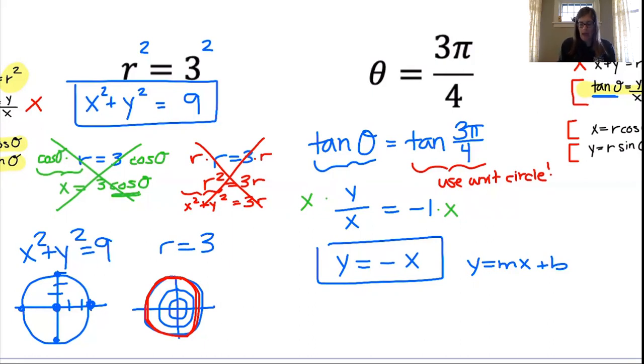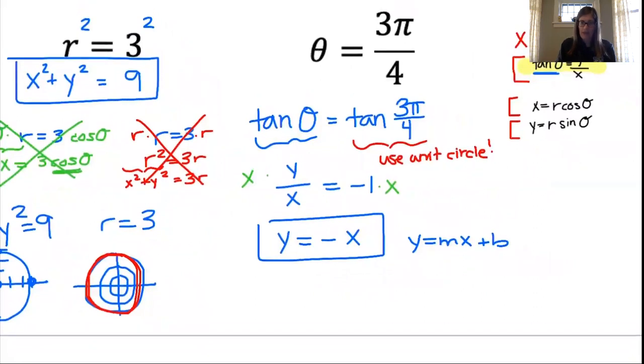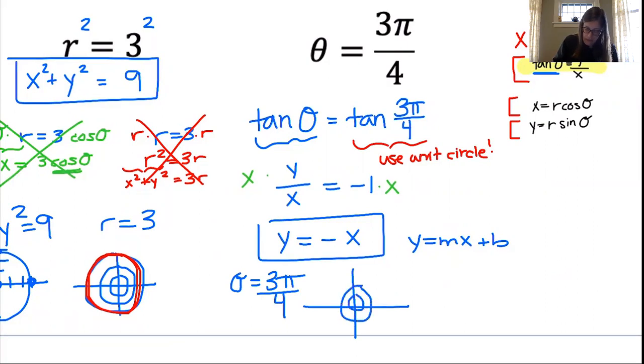Okay. Let's look at this one right over here, theta equals 3 pi over 4. Think about Mrs. Homan's system, where we have the concentric circles around the pole, and then we have those different butterfly families.